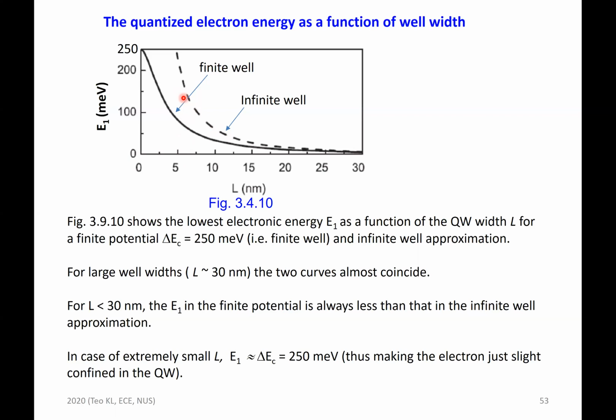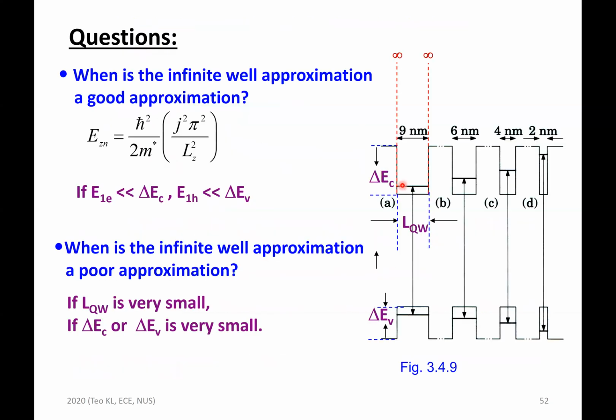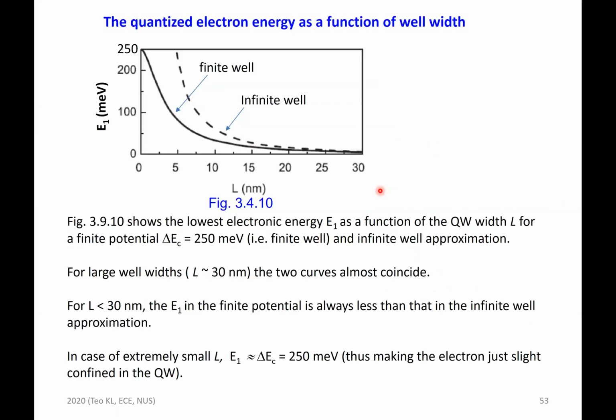Now, in the extreme case that you go to very small L, where your electron energy is almost equal to the potential barrier height, which means that this energy goes all the way up to here, almost your delta EC, this makes the electron just slightly confined in the quantum well.